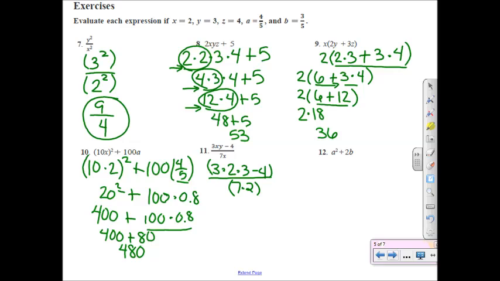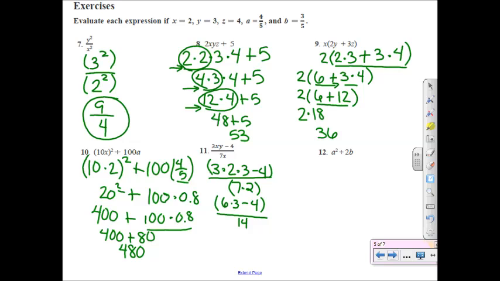So the stuff in parentheses, the first operation I do is multiplication before that subtraction. So I end up with 3 times 2, which is 6. And then on the bottom, the first thing I run into is 7 times 2, which is 14.